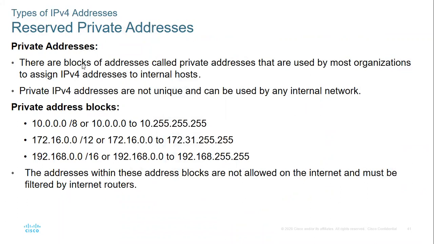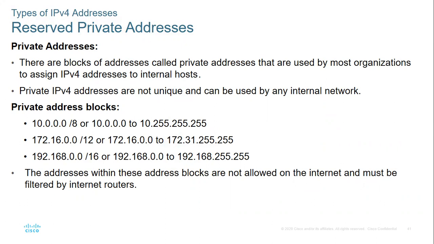Other types of addresses that are there are known as private addresses. Private addresses are addresses that can be used by a number of organizations. With IPv4, since we have 32 bits, that gives us at least 4 billion addresses.